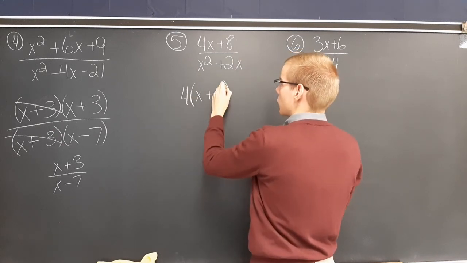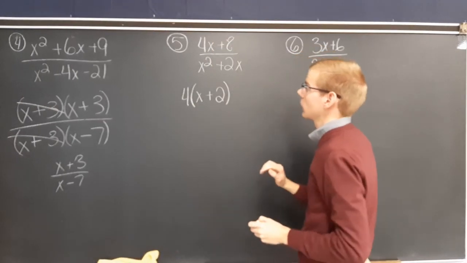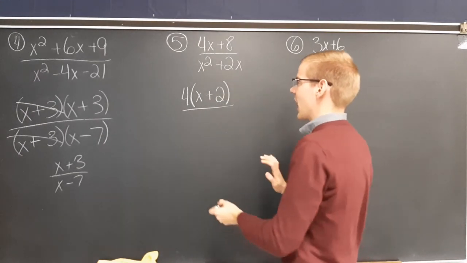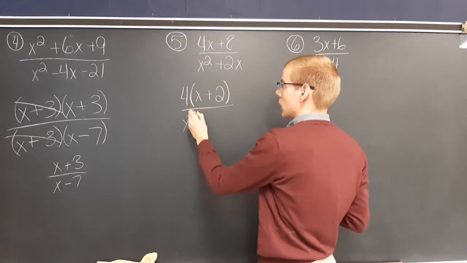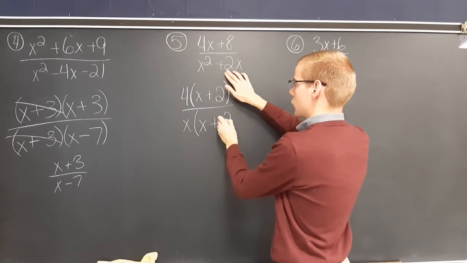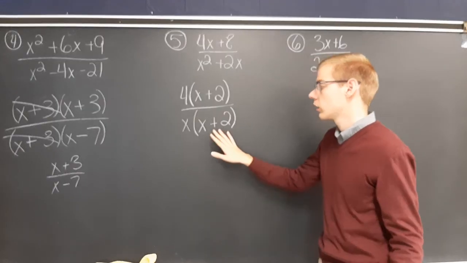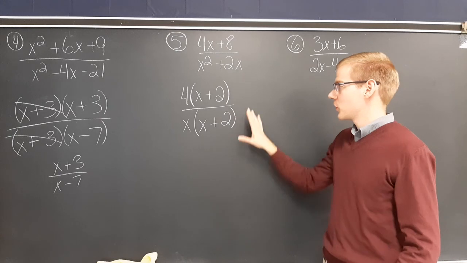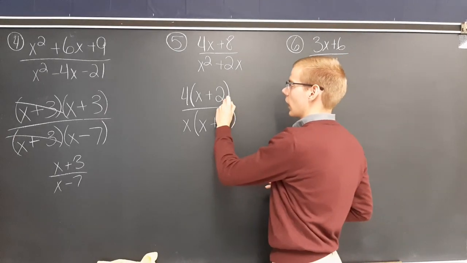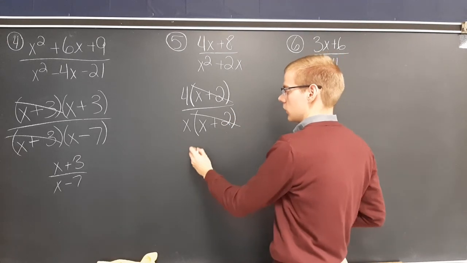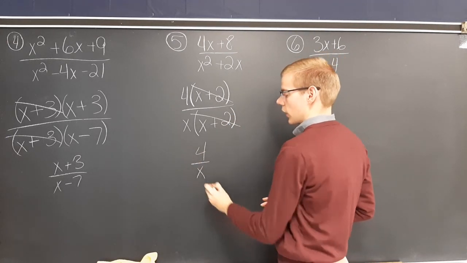If you did the distributive property, you should be able to get this. Now, the bottom one, we only have an x in common in both of these terms. So x, we have one x left here, and we have a 2 left here. We now have two things that are in common, and then cross out, and now that equals 4 over x.